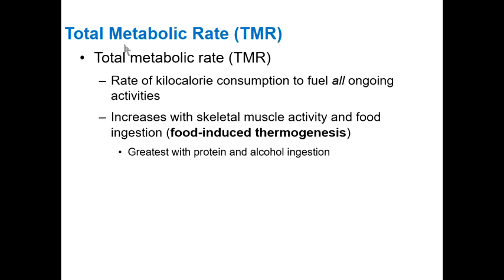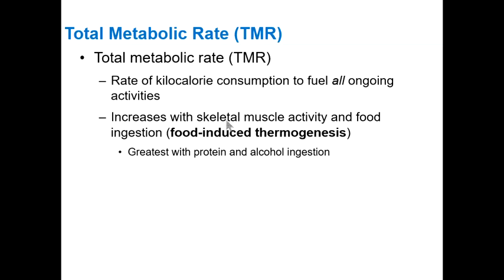So your total metabolic rate depends on your activity level: the rate of kilocalorie consumption to fuel all your ongoing activities. If you're exercising, your TMR will be much higher. If you're just walking, let's say, it'll be much lower than exercising, but higher than basal metabolic rate if you're doing at least something.